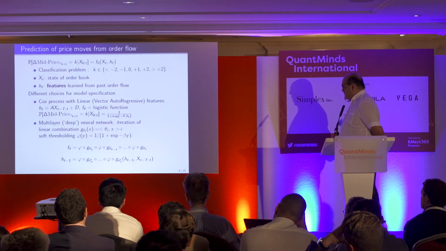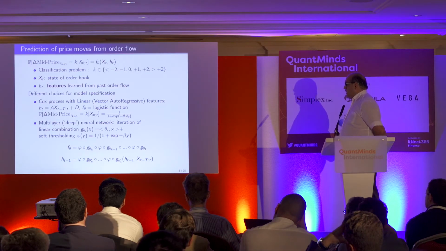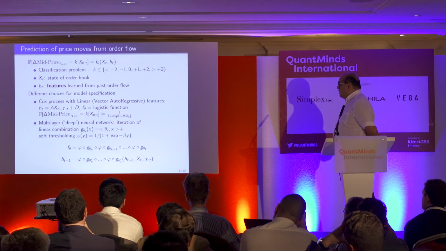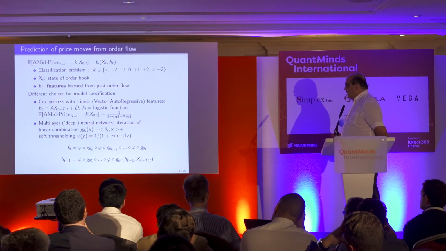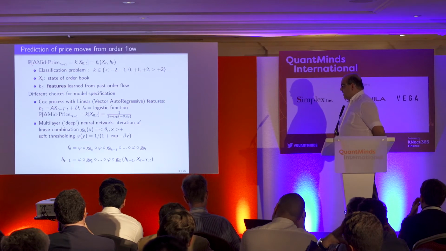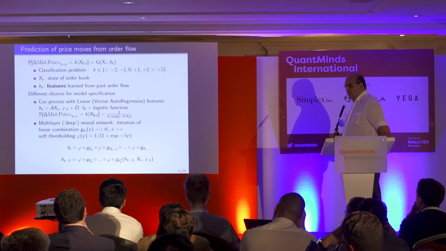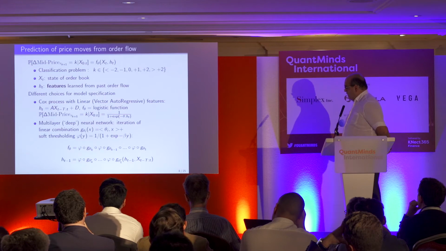It's a multi-layer or deep neural network. Instead of doing linear combinations of the inputs, it does a succession of iterations where at each iteration you intertwine 2 operations. The first operation is a linear combination with some weights that I denote theta i. That's one layer of the neural network.